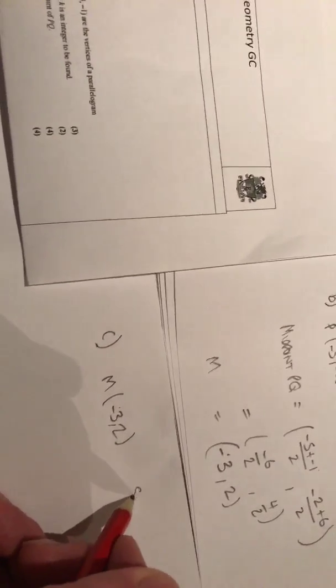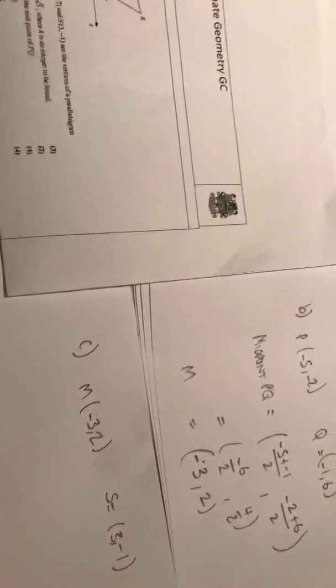Part C then asks us to show that MS is perpendicular to PQ. First of all, we know that M has coordinate -3, 2, and we know that S has coordinate 3, -1.